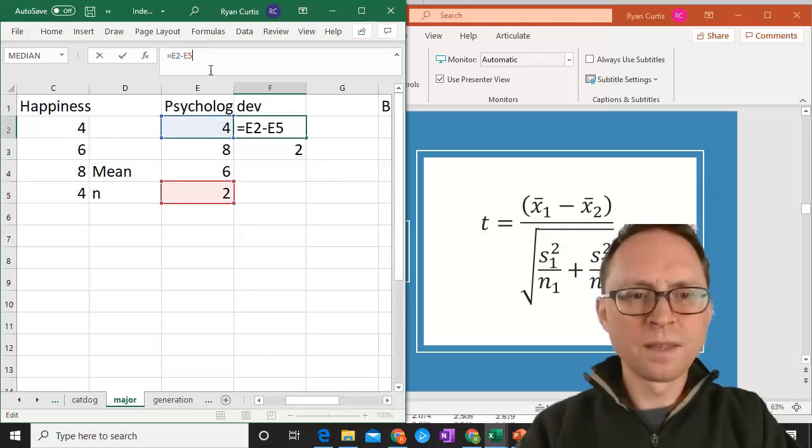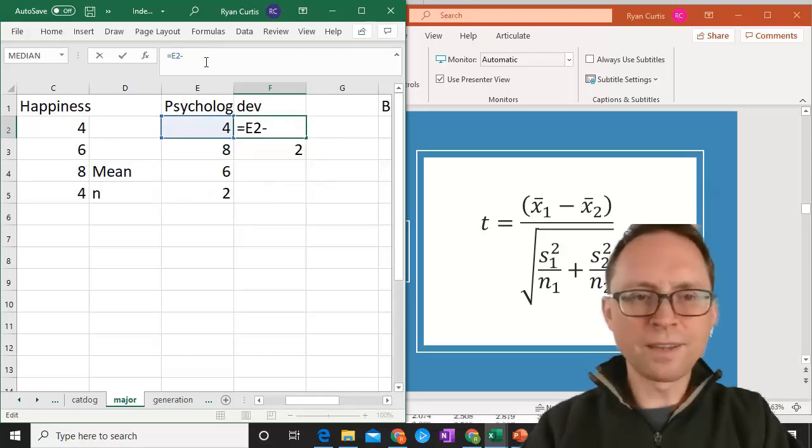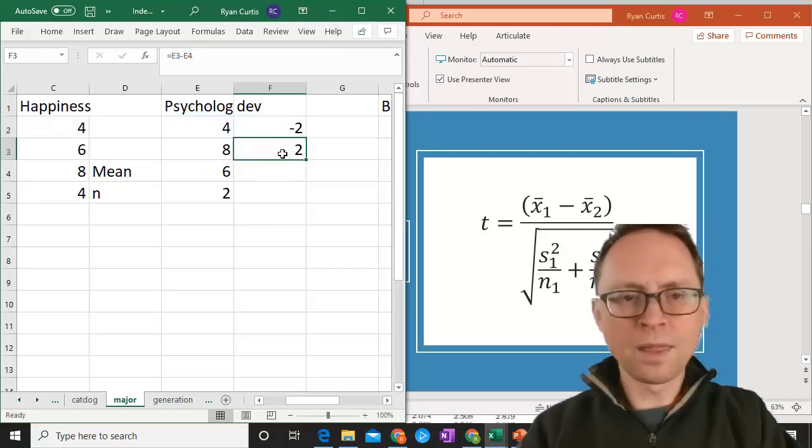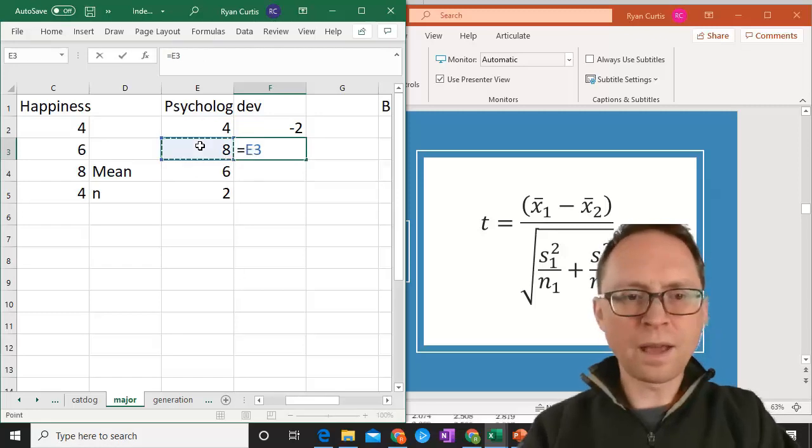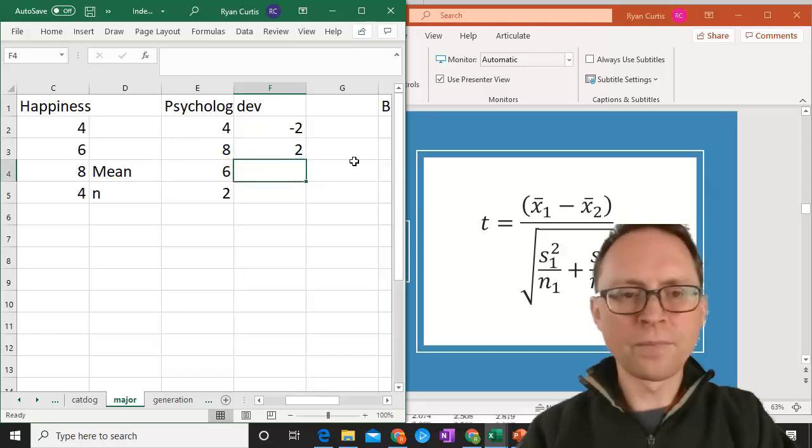Look at that. So do the deviations then. It's x minus x bar. And then, again, this is going to be x minus x bar. There we go.